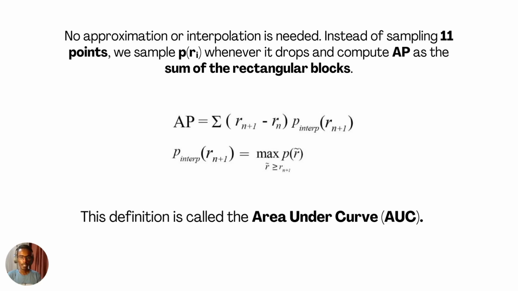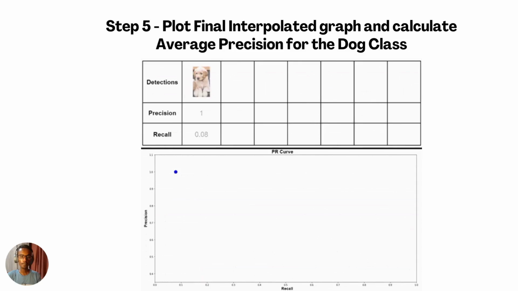This is the formula. The difference between R n plus 1 and R n is just the difference between 2 recall points, and P interpolated is just the maximum precision value. This definition is called the area under the curve.